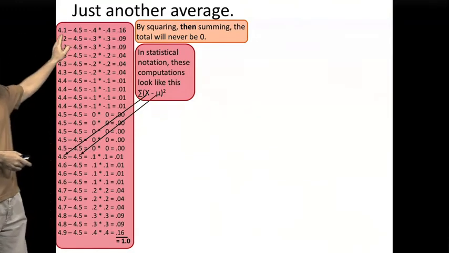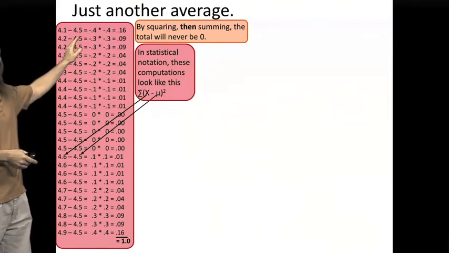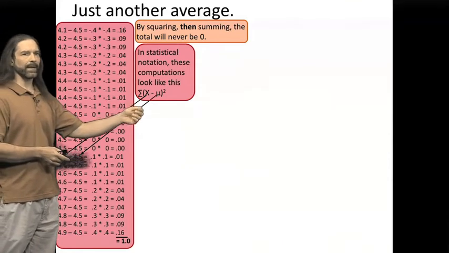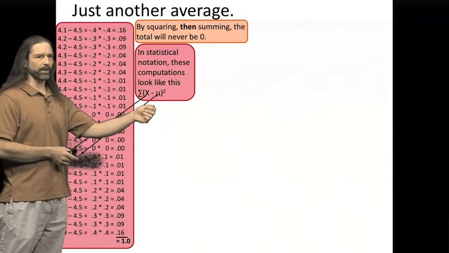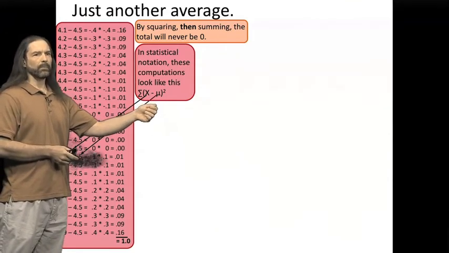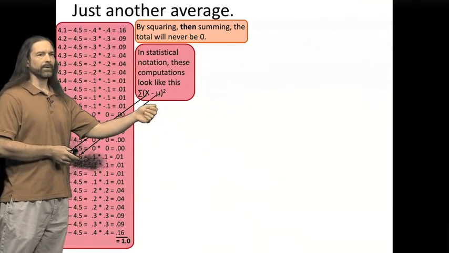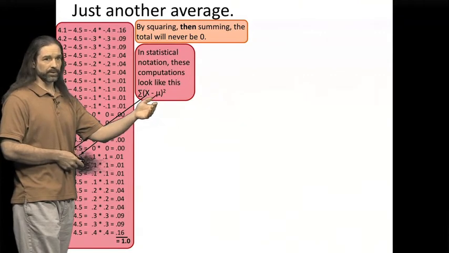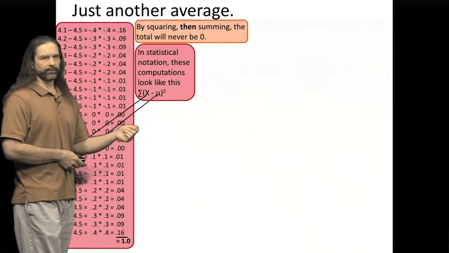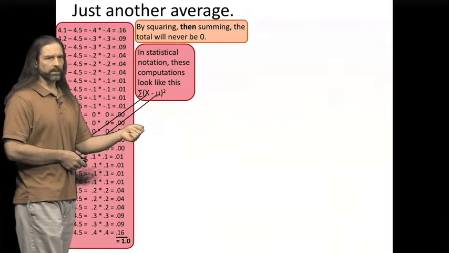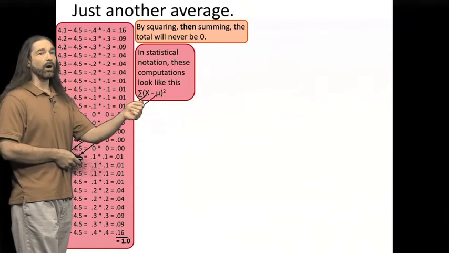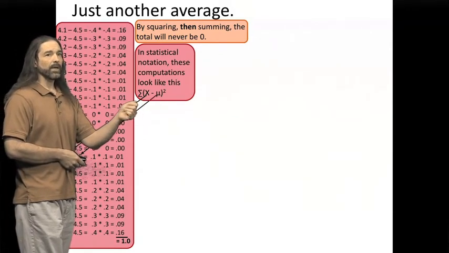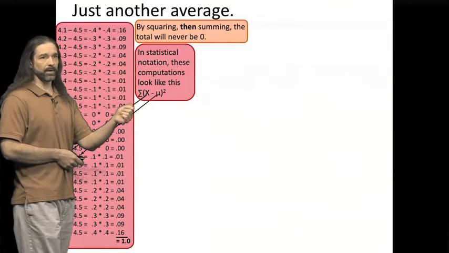So in this case, I took this fly with 4.1, and I subtracted from that the mu, the average score that I got. So 4.1 minus 4.5, and then after the parentheticals, the next order of operations would be to square it. So that's going to be 0.4 squared gives me 0.16. And then after I do that for all of the x values, my final step is to sum them up.